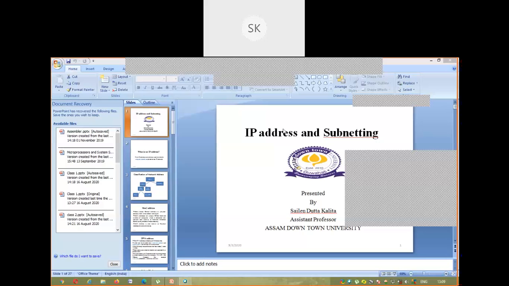Okay, let's start. So yesterday we discussed IP address, right? It is a unique address which will identify a device in a network, right?